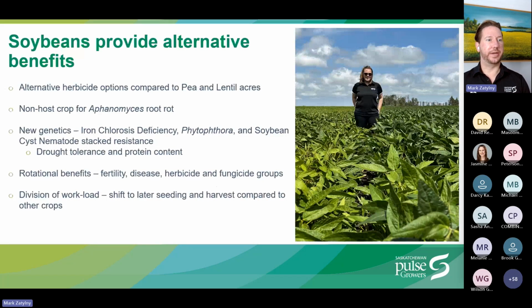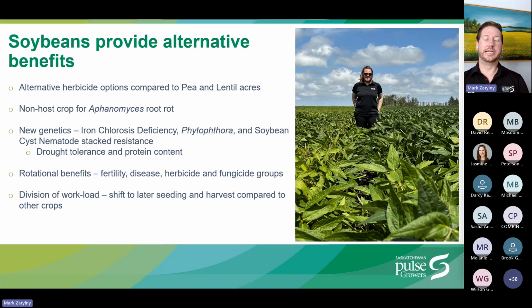A couple of the benefits again is really that alternative herbicide, fungicide, all of those options compared to other pulse crops. Definitely, I will always say the Aphanomyces resistance and non-host crop is very beneficial to be able to fit that into your rotation.